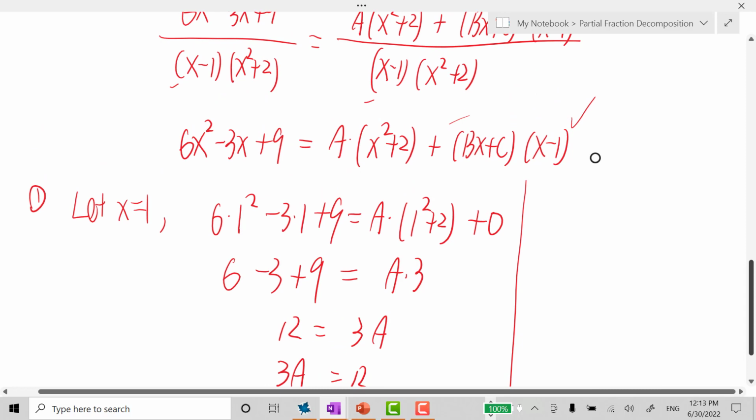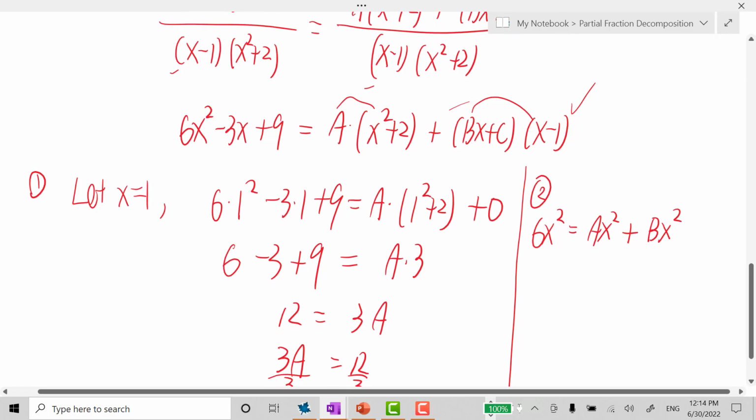So the leading term 6x squared comes from two sources, from here and then here. That means 6x squared should be equal to ax squared plus bx squared. If you factor x squared, a plus b times x squared equals 6x squared.